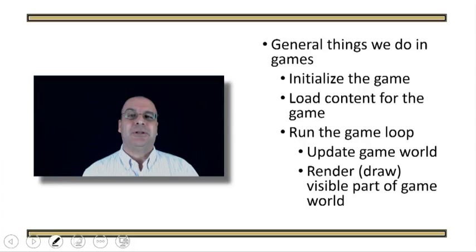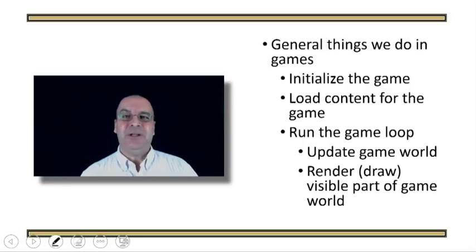And then we enter what's typically called the game loop. This game loop basically runs until the player quits the game. The game loop is: update the game, change the game world. That means moving a rubber chicken through the game world if the rubber chicken happens to have velocity.